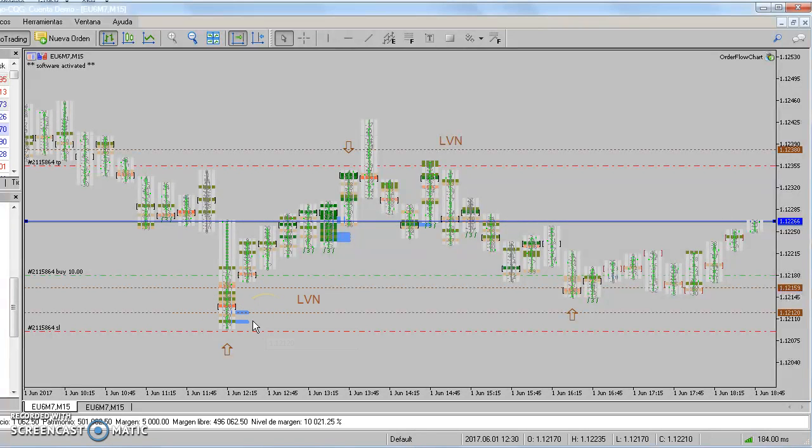Take a look at the buyers at the very low of the bar, in green color. By the way, this is the second type of MT5 OrderFlow chart, which is the delta. It is still order flow chart, but this type is delta, which is the difference between buyers and sellers.